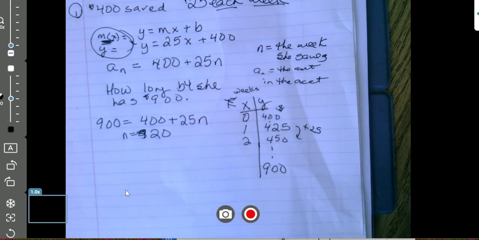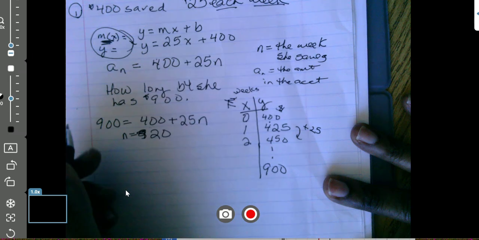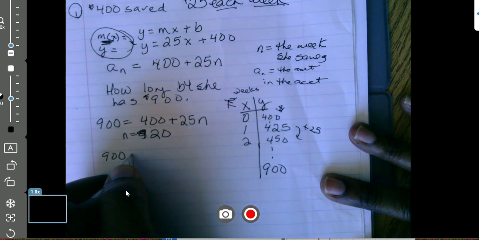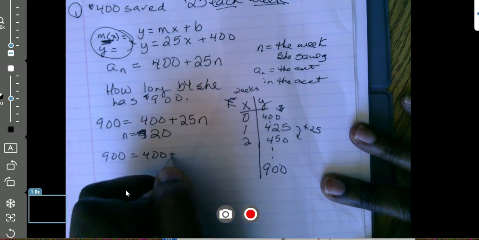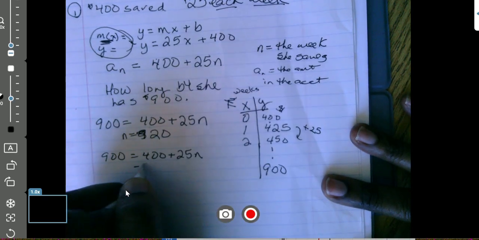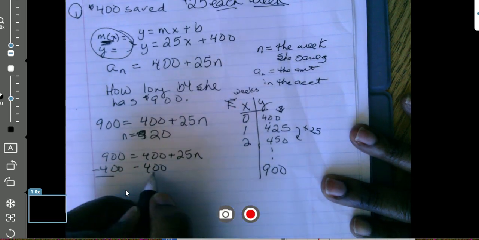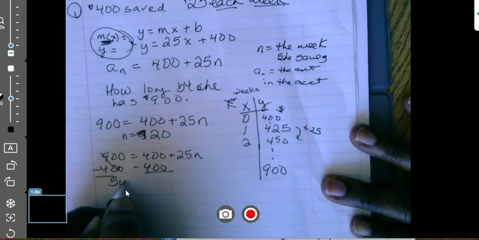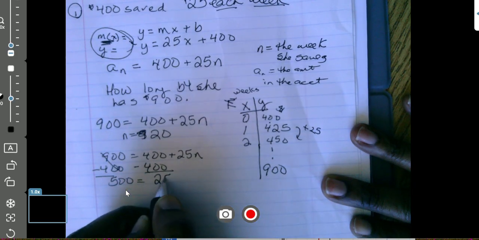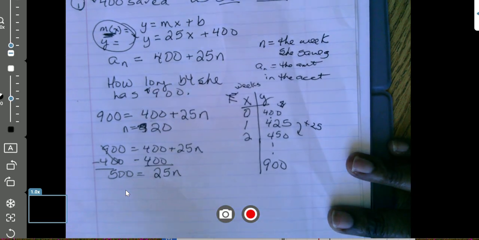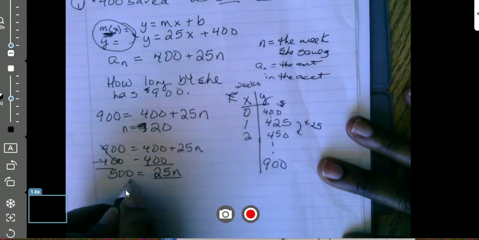You don't have to use the table. You can use this equation right here. We can go back to solving equations. 900 equals 400 plus 25n. She already has $400 in the account. So take away the $400 that she has. That leaves her with $500 that she needs to earn. And she's going to be putting in $25 each week.